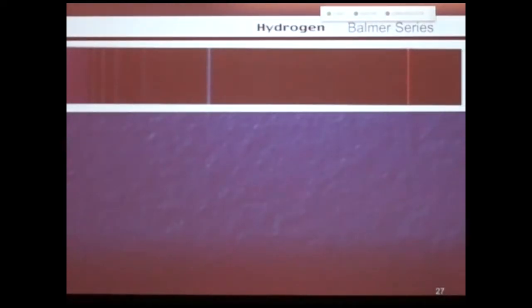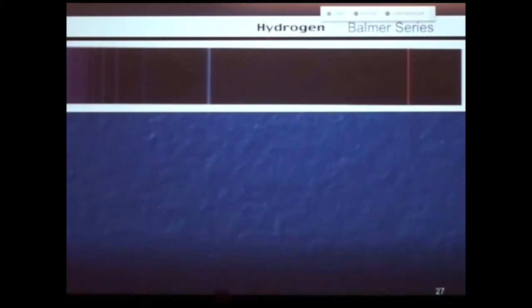The first element, the easiest element to classify, turns out to be hydrogen, because it's the lightest element and it has the simplest structure. The light that you get when you analyze the spectrum of hydrogen is like a ladder, with red, blue, purple, purple, purple, and these lines of light all come together very, very closely.